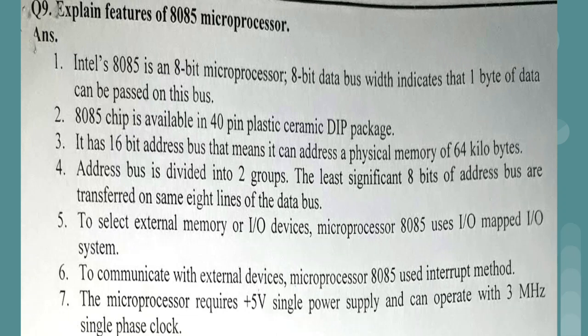So in that sentence they have specified that the address bus is divided into two groups. We have the least significant, that is AD0 to AD7, and we have the most significant address bus, that is A8 to A15. Out of these, the least significant address bus we can also use as a data bus, so they are bidirectional. The same point they have explained.